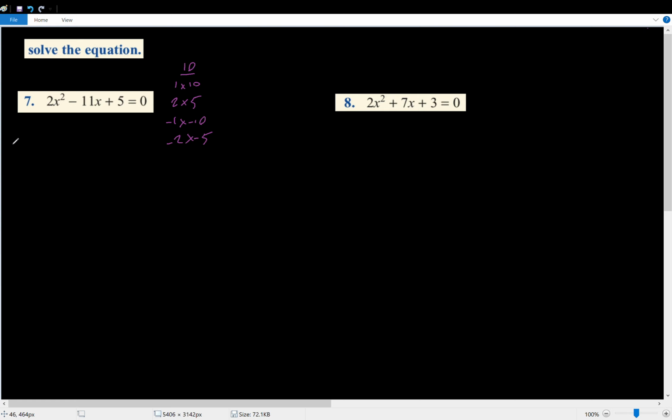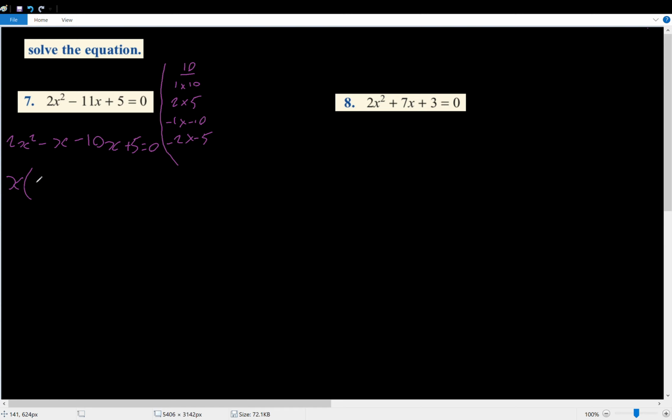So that's the one we're going to use. So we're going to rewrite our equation. It's going to be 2x squared minus x minus 10x plus 5 is equal to 0. And now we're going to factorize this left hand side by grouping. So the highest common factor from the first pair between 2x squared and x is x.